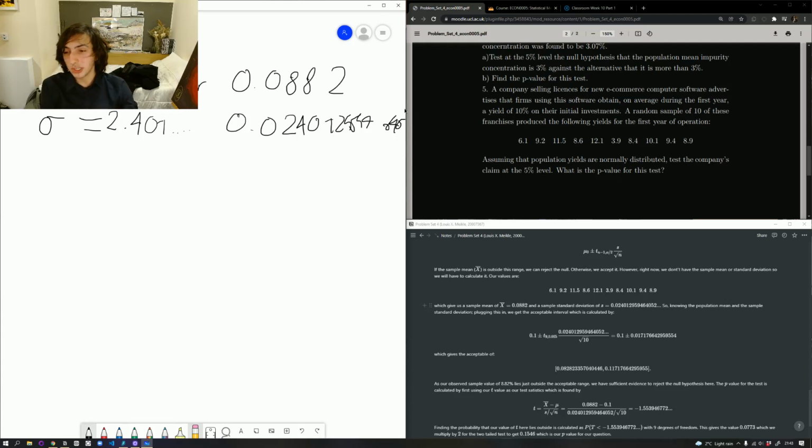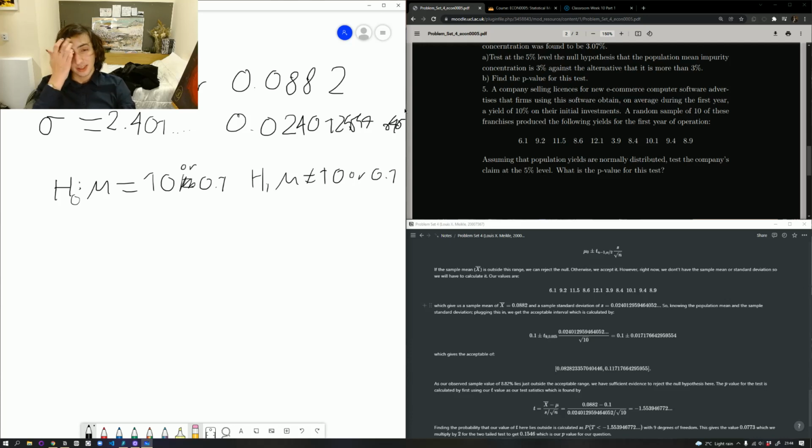So this is a two-tailed test. Our null hypothesis is that the population mean is 10 or 0.1, whatever works for you, and our alternative is that it is not 10 or 0.1.